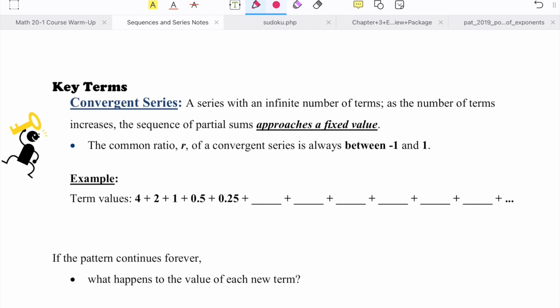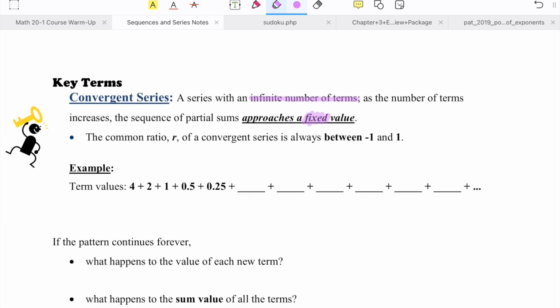Okay, so the key term from this lesson is convergent series, which means a series with an infinite number of terms where, as the number of terms increases, the sequence of partial sums approaches a fixed value.